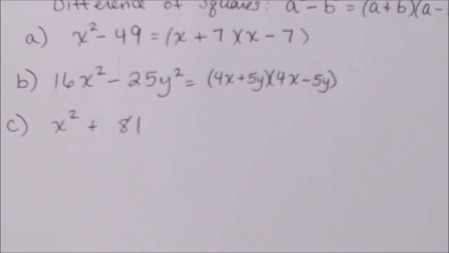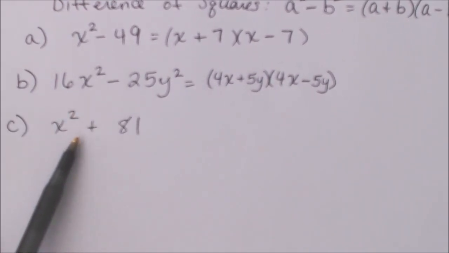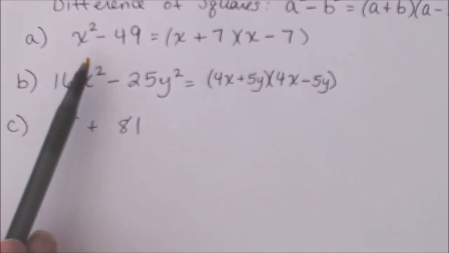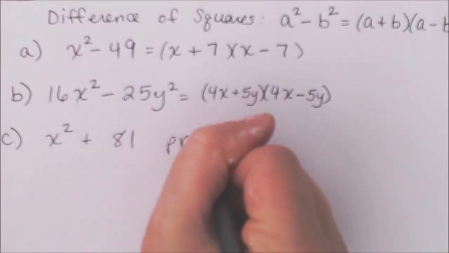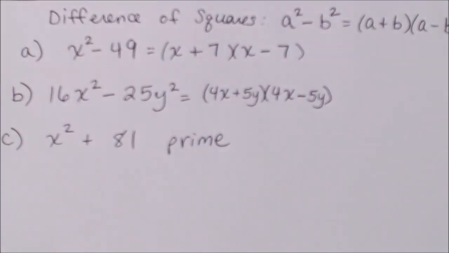But what's a little different about this one? Hopefully you notice, compared to the last two that we looked at, we're adding these squares together. It's not a difference of two squares. It's called a sum of two squares. And we cannot factor a sum of squares. So remember, if something can't be factored, that means it's prime. So there's nothing we can do when we have a sum of two squares.